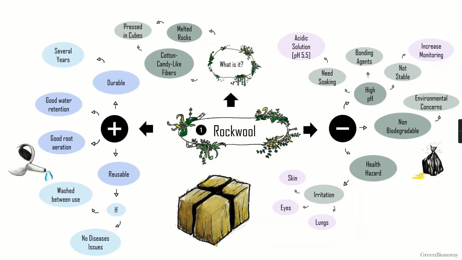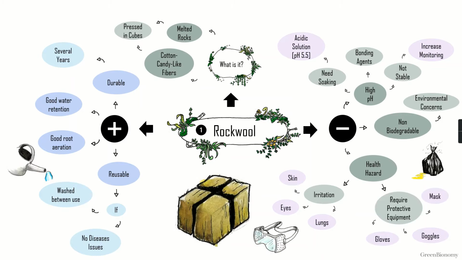That being said, I think this happens only when you use it a lot and you're always surrounded by Rawwool, because having seen people manipulating it, it doesn't seem to cause massive problems. But if you use it a lot, you need to be careful and wear some protective equipment.